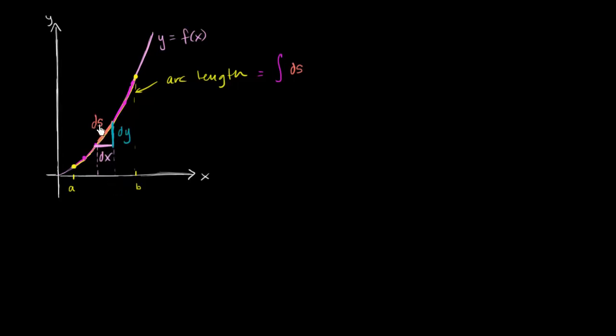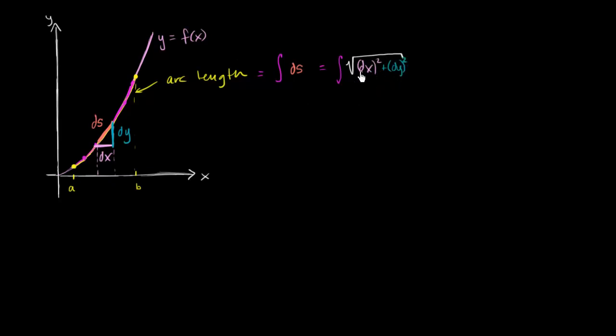So based on this, you can see that ds could be expressed, based on the Pythagorean theorem, as equal to the square root of dx squared plus dy squared. So we can rewrite this as the integral of, instead of writing ds, the square root of dx squared plus dy squared.